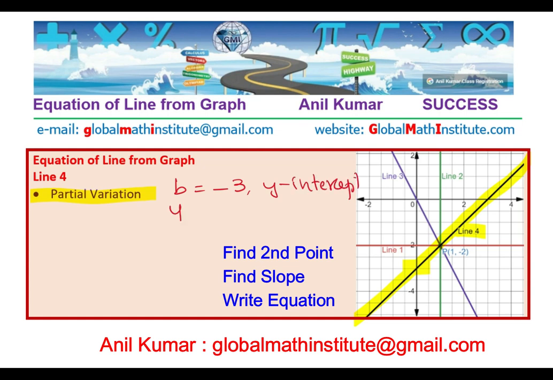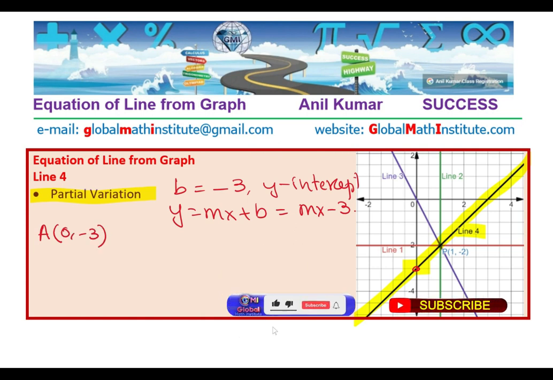So the equation y equals mx plus b can be written as mx minus 3. We need to find the value of m. Let's consider 2 points. One is the y-intercept, which let me call A, and which is given to us as (0, -3). And the other point is point P, which is (1, -2).